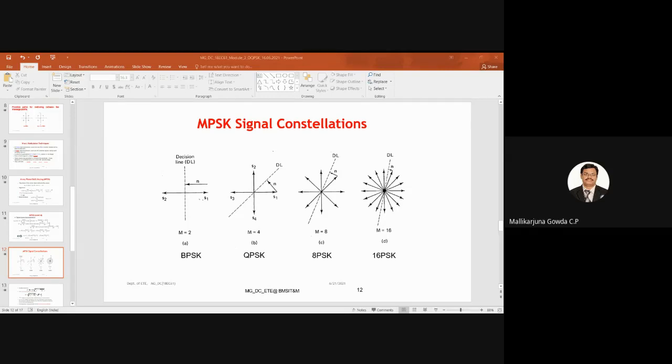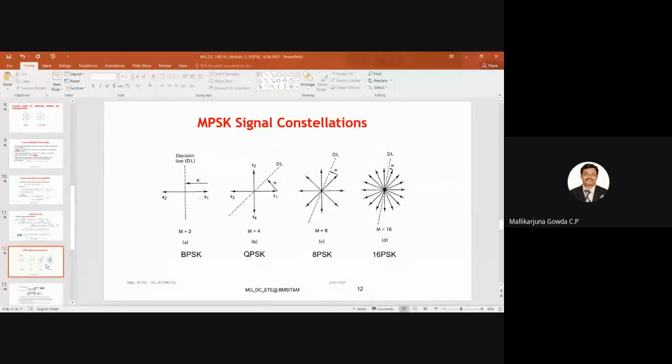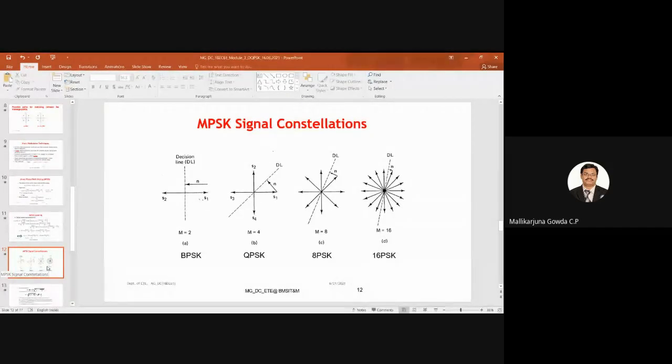So what about 16 PSK? 22 and a half, yeah, half of that. If that understanding is there, then you will be able to say it for any given number of PSK. This is what M-ary modulation techniques, M-ary signaling, is.